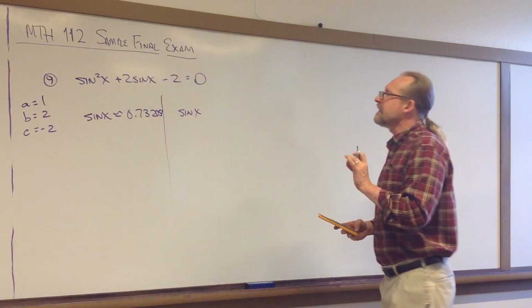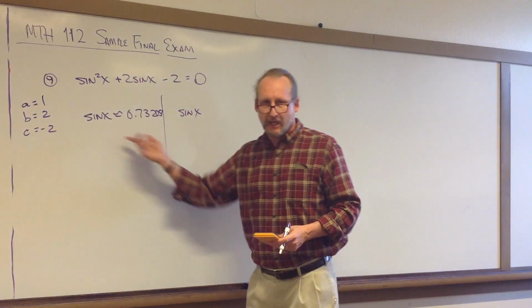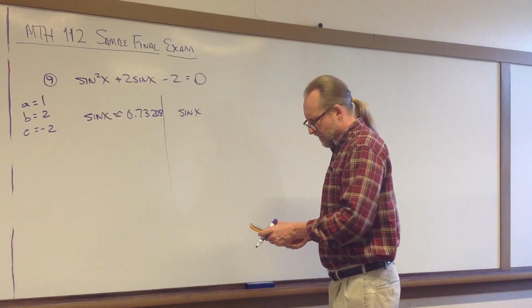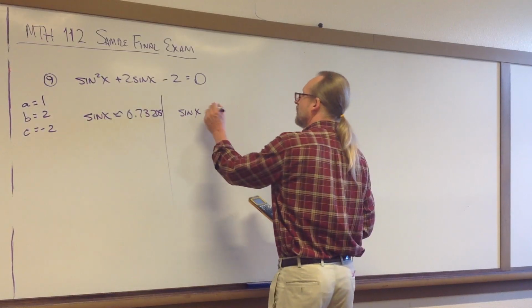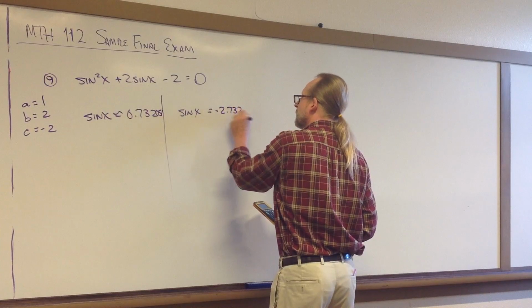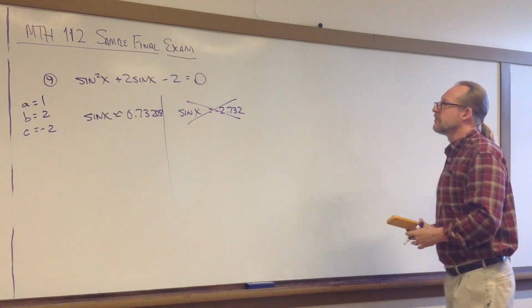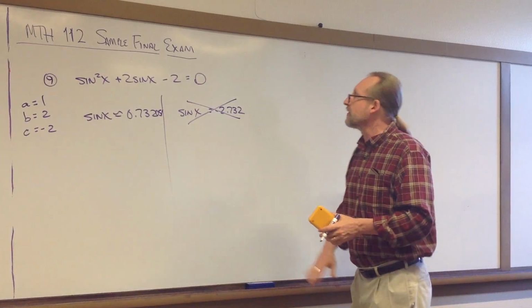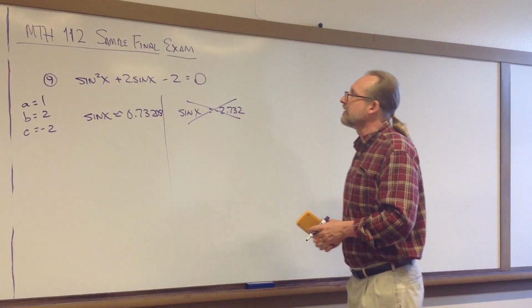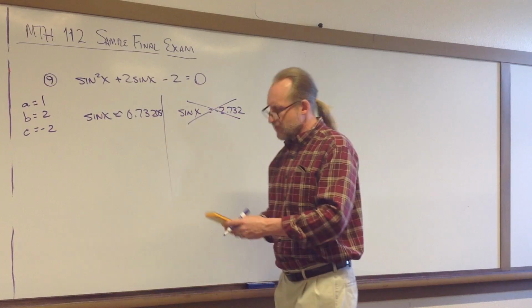It's good to have at least 4 places if you're going to have a trigonometric function. No real valued angles have sines or cosines more than 1 or less than negative 1, so the negative 2.732 is not going to give us a real valued answer. The 0.732 is the one that we're interested in.